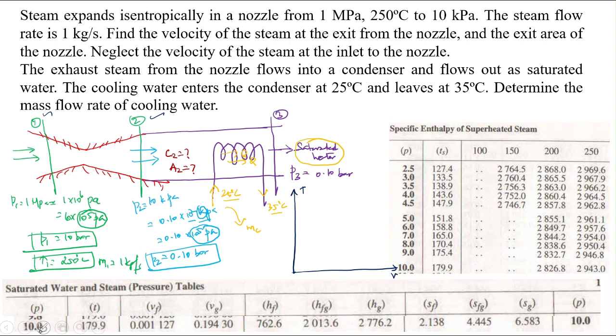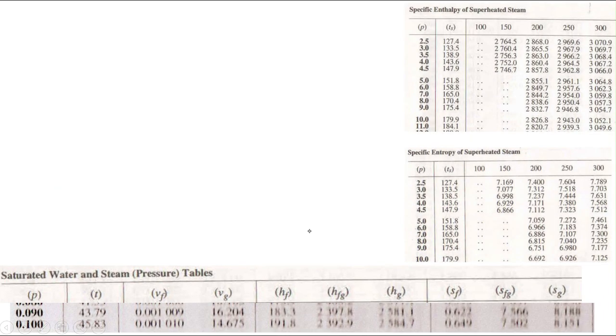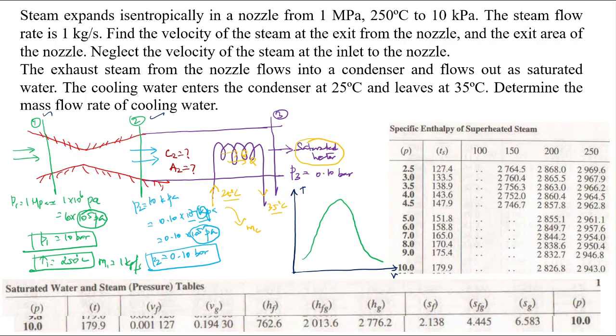In a temperature-volume diagram, we have the saturation curve, and in it we have constant pressure lines. Here the nozzle works between two pressures. One pressure is 10 bar, and the other pressure is 0.1 bar.